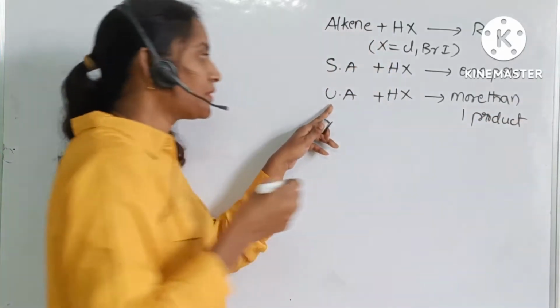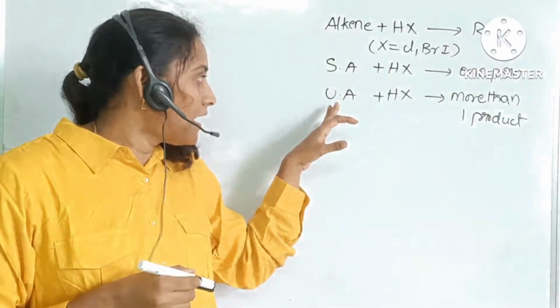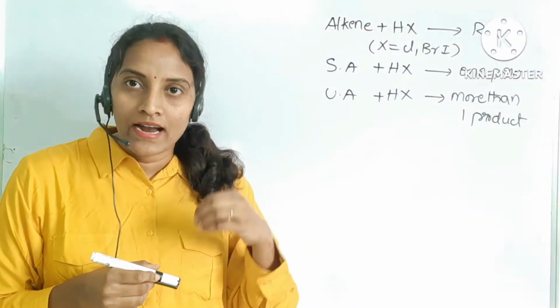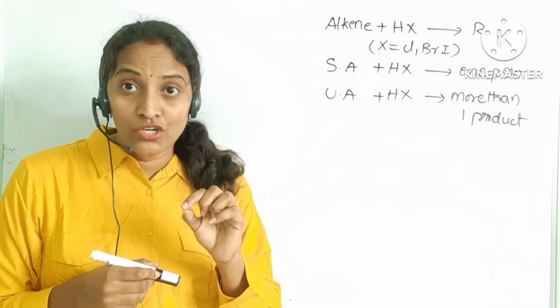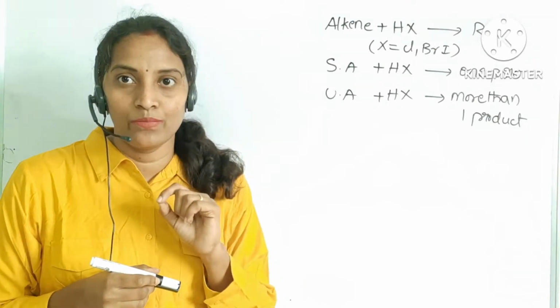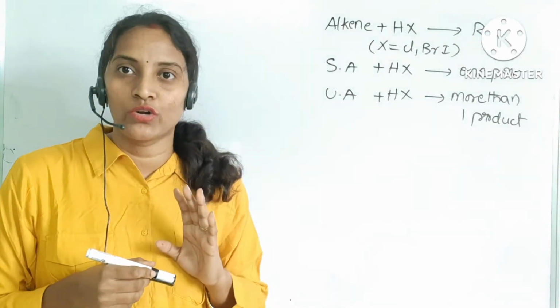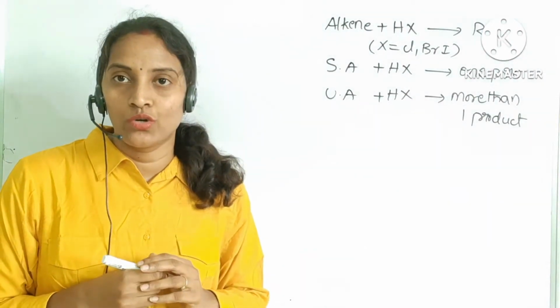Just remember the second condition. If an unsymmetrical alkene reacts with hydrogen halide, the addition of hydrogen halide onto the double bond follows Markovnikov's rule. Now, what is Markovnikov's rule?